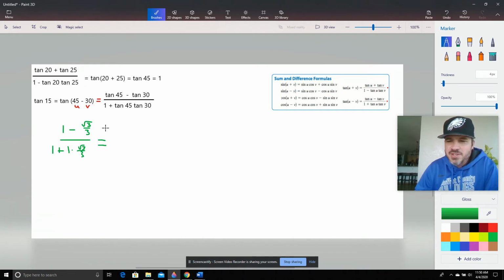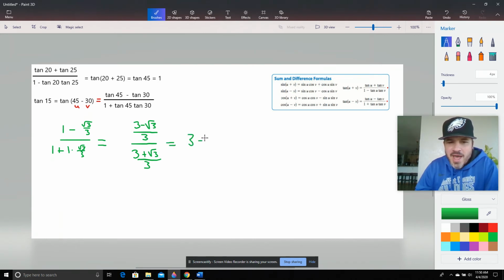So we have some fractions on the top. We're going to find that like denominator, combine these fractions to get 3 minus root 3 over 3 as the numerator. On the denominator, we're going to do the same thing, find that common denominator to get 3 plus root 3 all over 3. So we've got a fraction divided by a fraction.